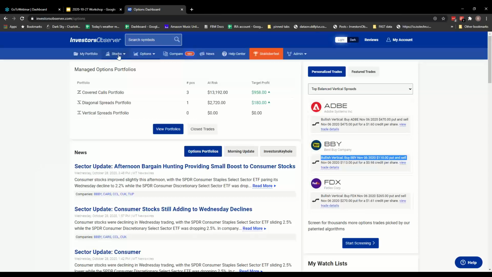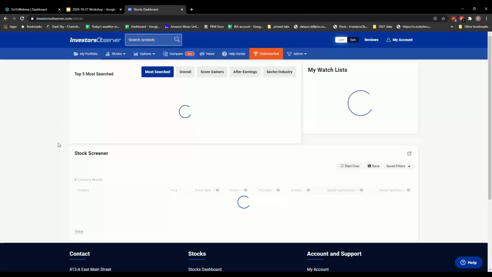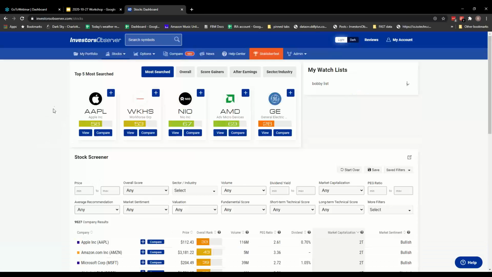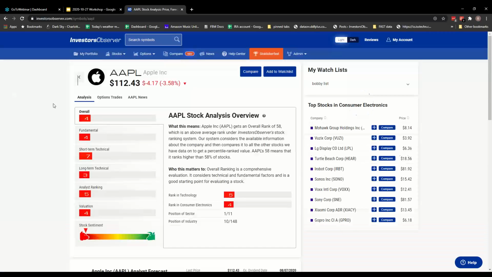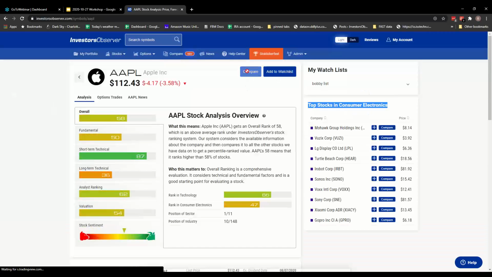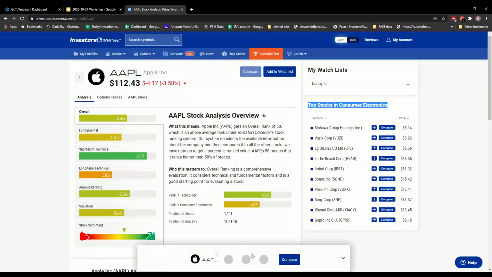All right, so if we go to the stocks dashboard, you can see here we have this compare button that shows up here. It shows up here. It shows up in the My Portfolio feature. If you go to an individual stock page, you can see it here, so you can add that, and it pops up this little guy down at the bottom.